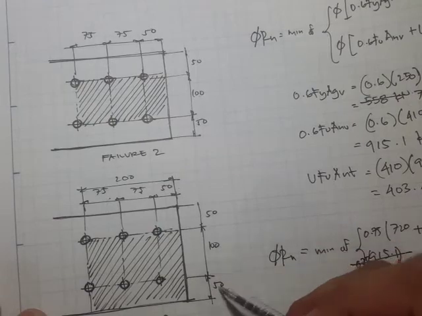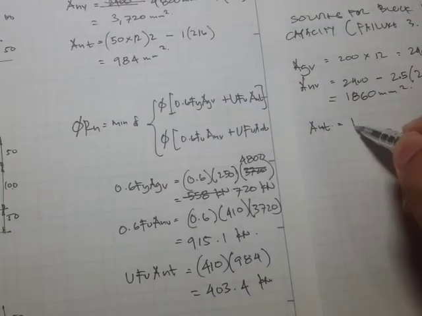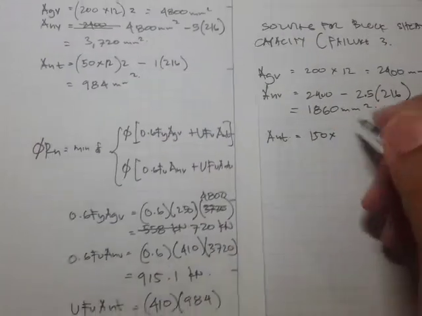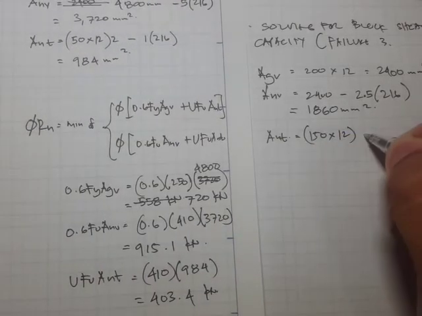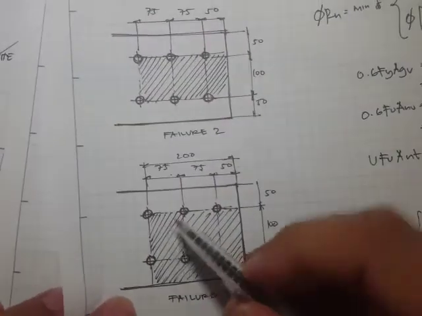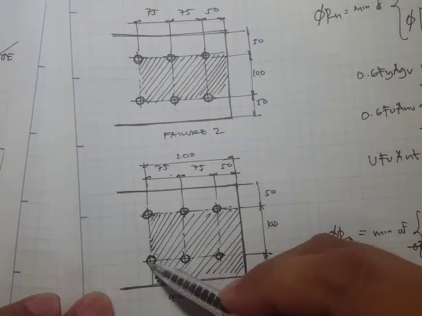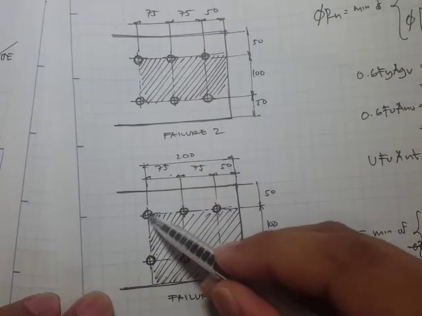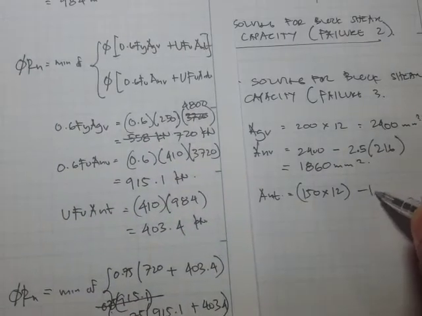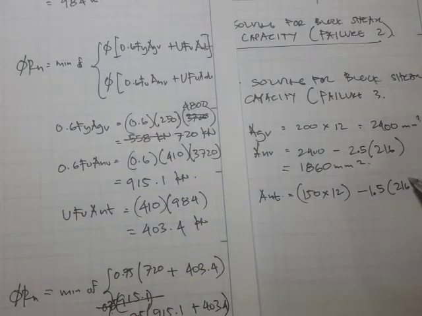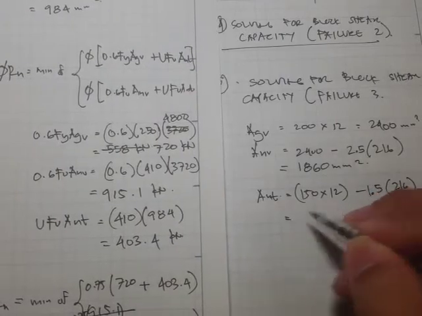Okay, so the next is the net tension area. That's 100 plus 50, that's going to be 150 times the thickness minus the number of bolts. That's 1 times half of this, so 1.5 times 216.